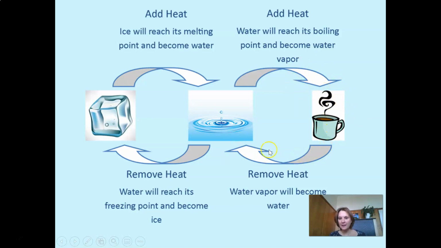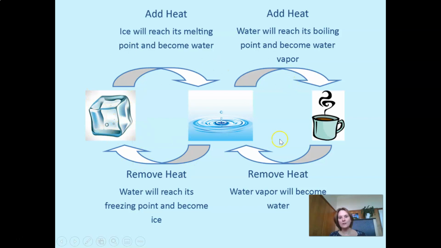We remove the heat and the water vapor will become water through the process of condensation. The liquid water, if we remove the heat from water, the water will then reach its freezing point through the process of freezing and become a block of ice.